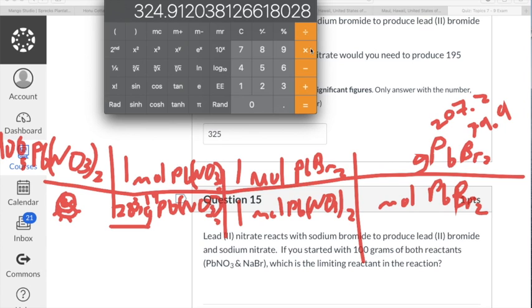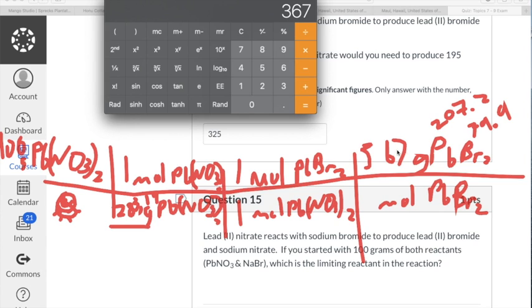Br2, so I do 79.9 times 2 plus 207.2. Now it looks like, oh yeah, 367. We did that one already. Oh, it's right there. Look at that. I have it in my notes already. I'll say that looked familiar. Okay.